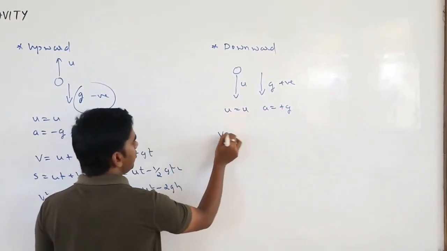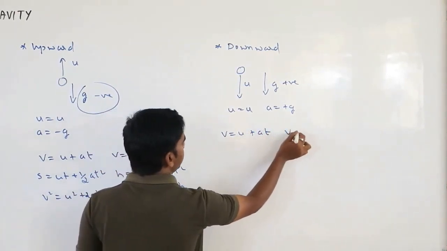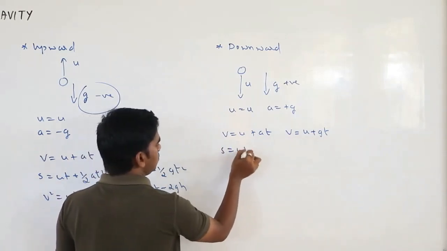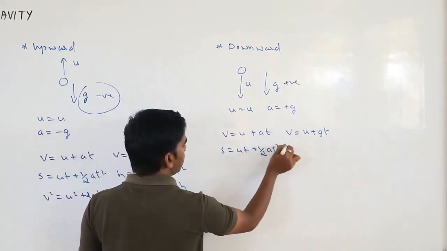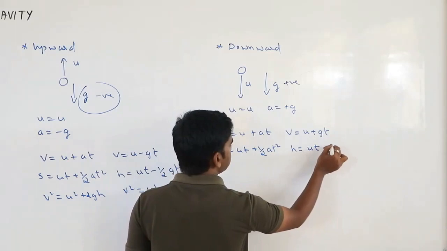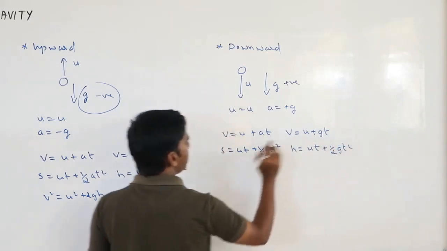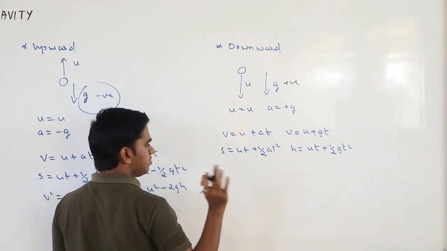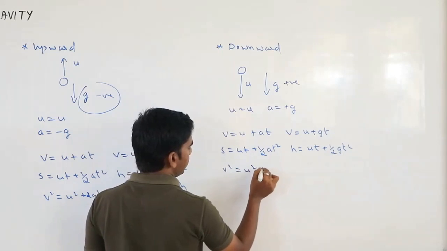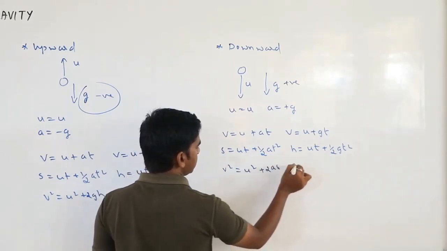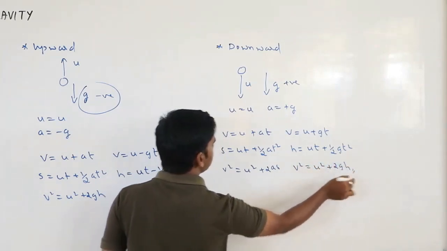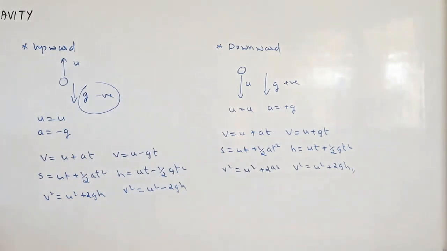Your equations become v equals u plus gt, h equals ut plus half gt square, and v square equals u square plus 2gh. Just take g positive; don't worry about displacement and other things. This is just for review purposes.